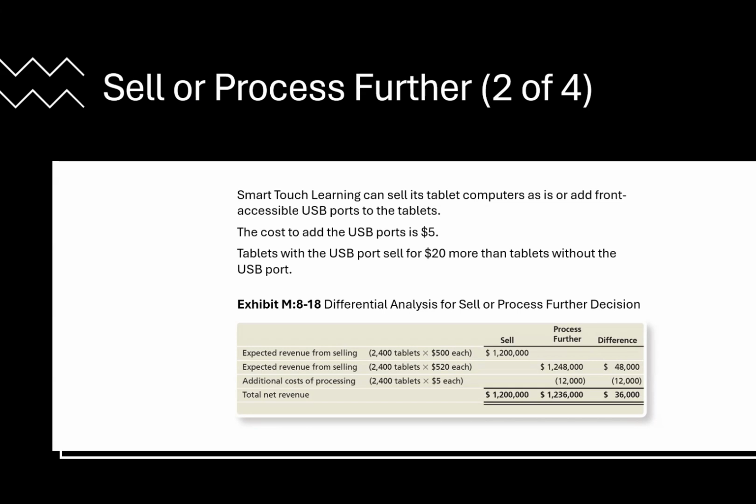This cost includes the cost of the modified casing, the cost of the USB component, and of course, the labor to add this component. This feature is very popular with customers, and tablets with this feature sell for $20 more than tablets without the feature.